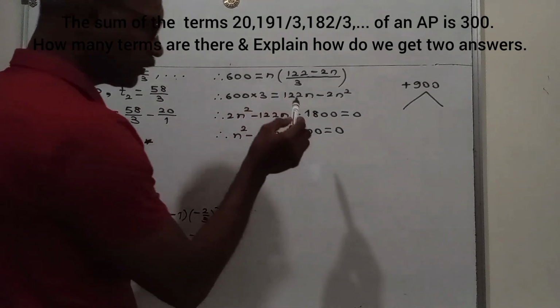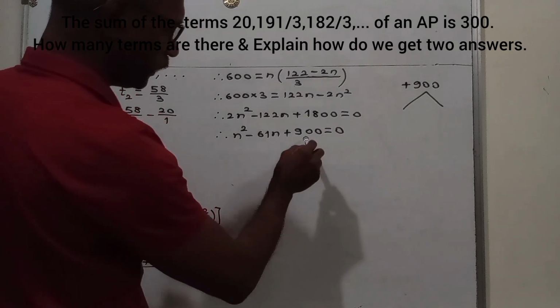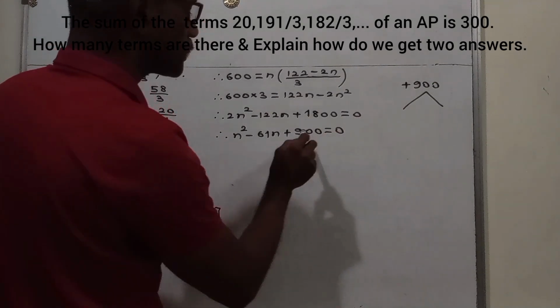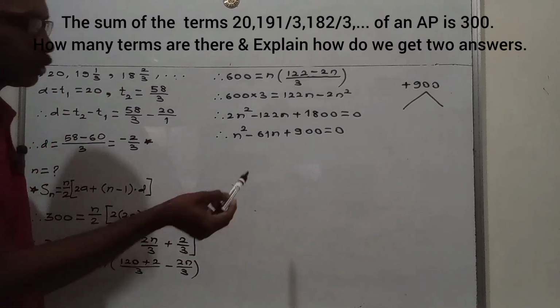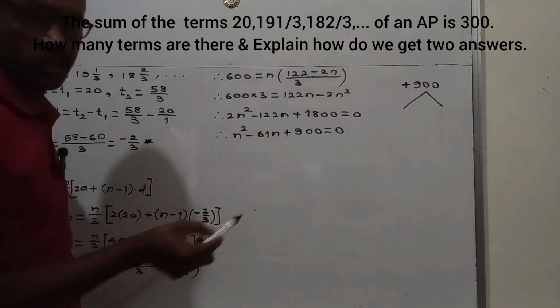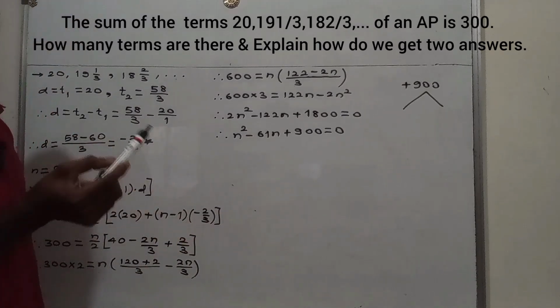While splitting, first I will show you. 90 into 10 is 900, but we want 61.